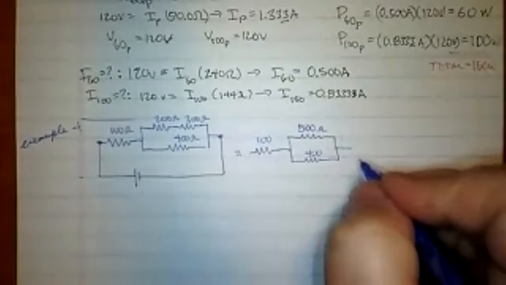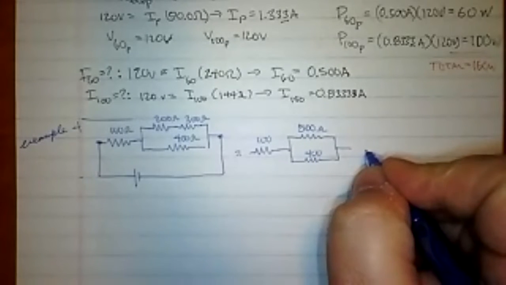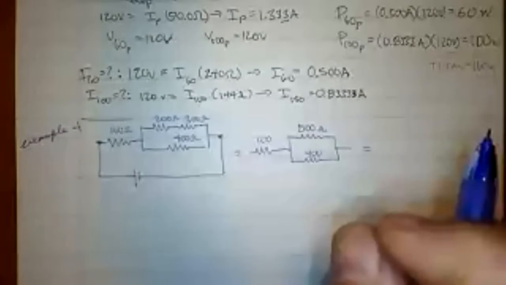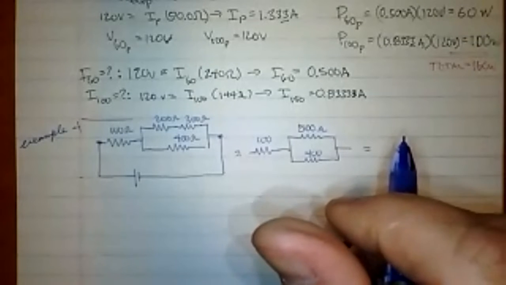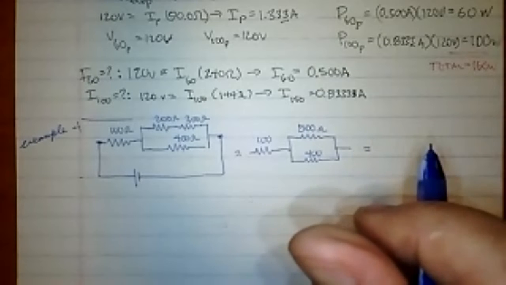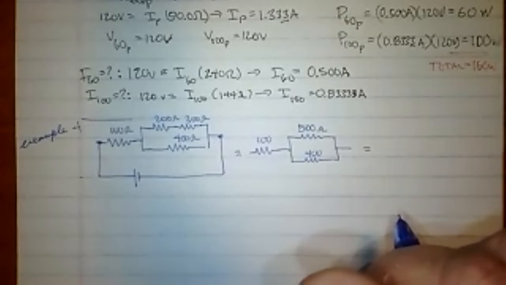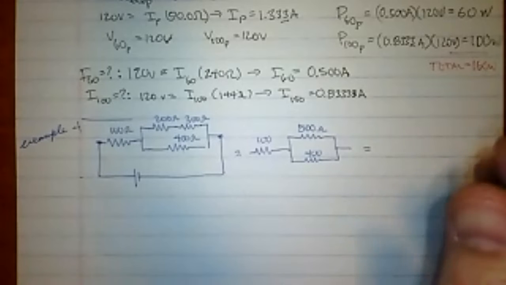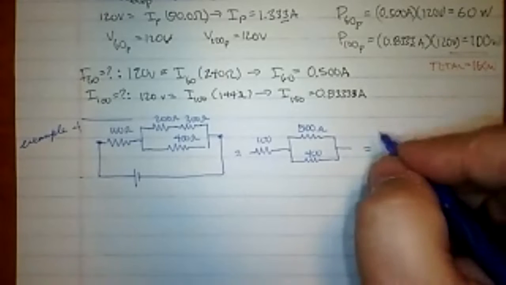All right, now the next thing is I got 500 and a 400 in parallel. Well, I know, for instance, 1/5 plus 1/4, the least common denominator for those is 20. So that'd be 4/20 plus 5/20 be 9/20. This is going to be 9 200s basically. So with that, you can actually work it out to be 222.